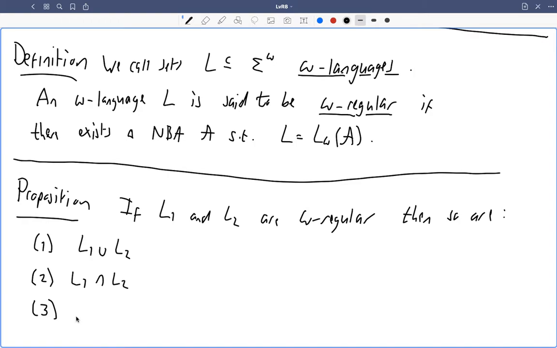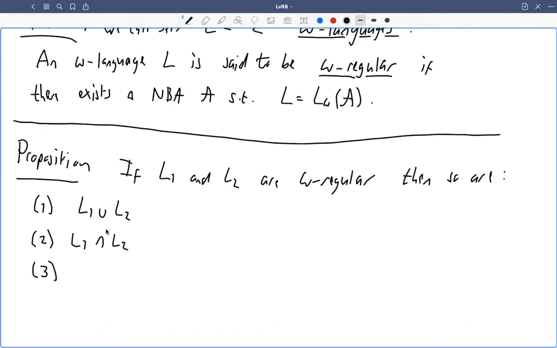Well, the complement of either of them. So let's say sigma to the omega, so all the words in sigma to the omega not in L1. So these again, the first two are going to be exercises.